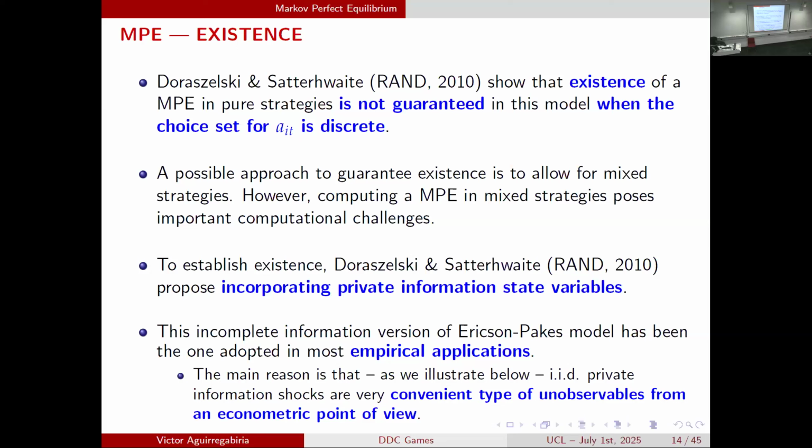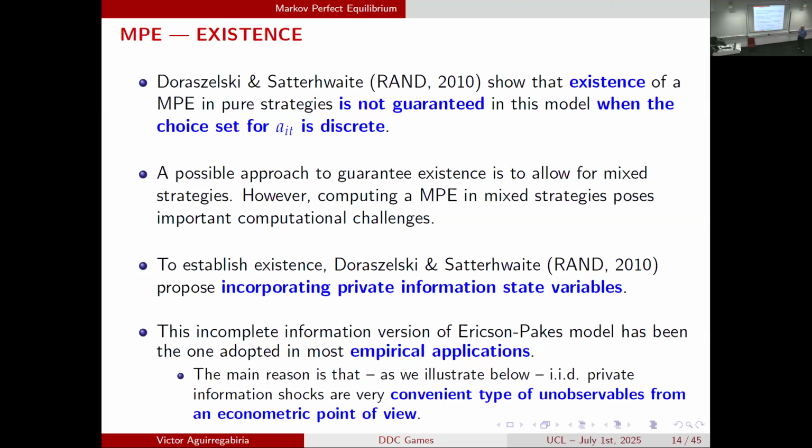Then with private information state variables, with some state variables that are known only to player i but not to other players, equilibrium existence is guaranteed. This is one of the reasons why the empirical literature on dynamic games has focused on dynamic games with incomplete information, with some private information state variables.